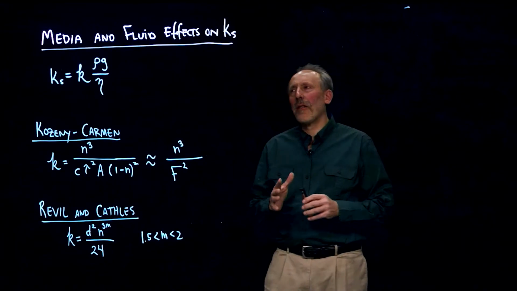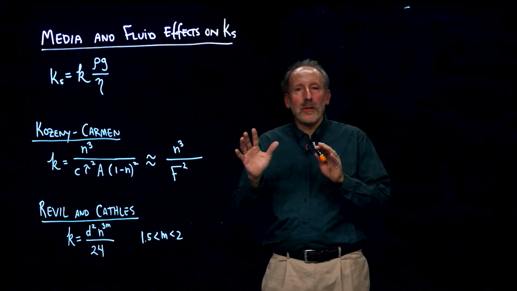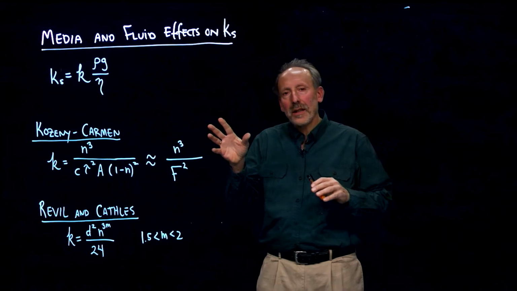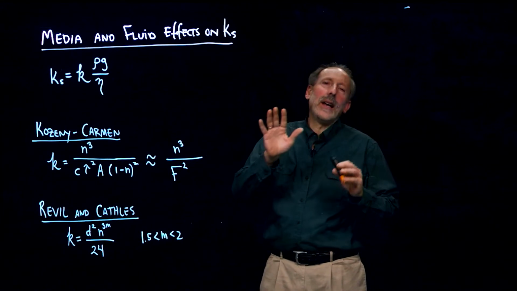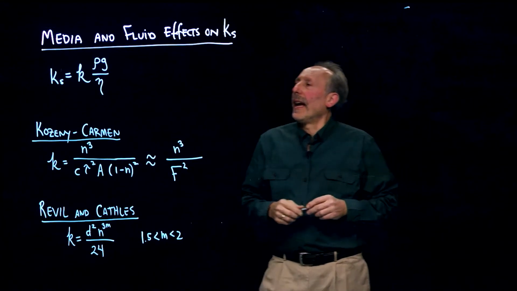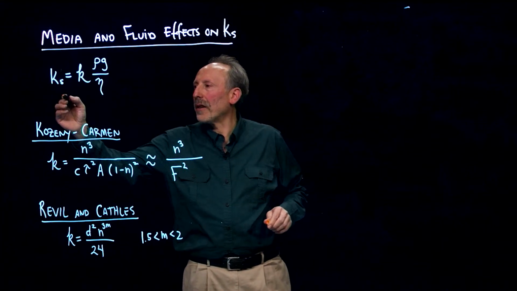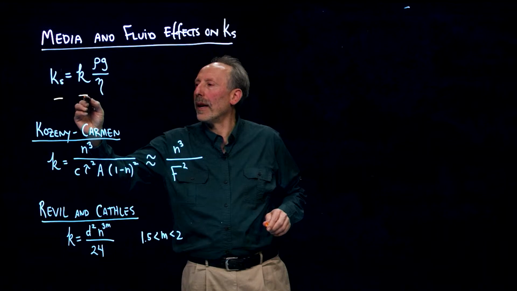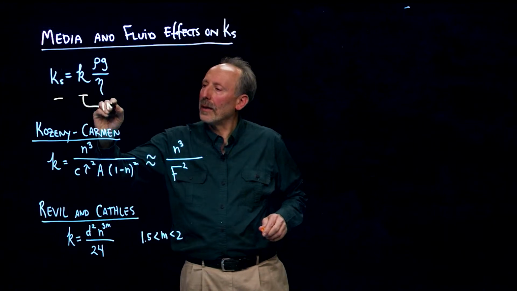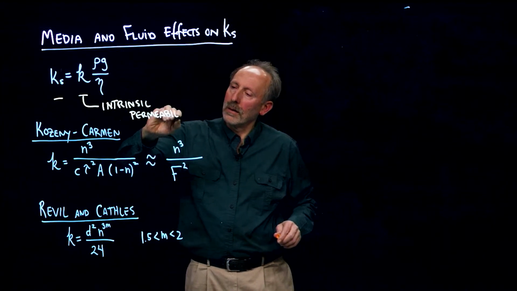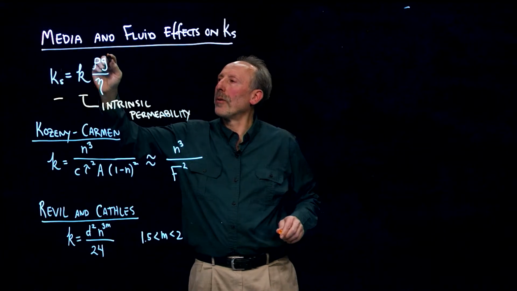I want to talk now about some of the fundamental relationships between the saturated conductivity and the fluid and media characteristics. And so our basic expression here is that the saturated conductivity can be described by an intrinsic permeability and a set of fluid properties.